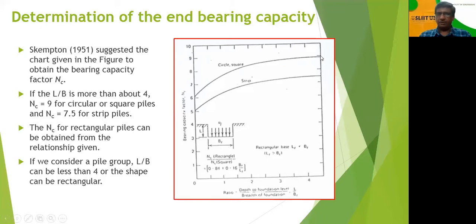So it is about 9. That's why we generally say the Nc value is equal to 9, because for piles, L over B ratio is greater than 4, right? For a strip foundation, of course, the asymptotic value would be about 7.5, right? We generally use the 9 value, 9 times Cu, because in our case most of the piles are circular or square.